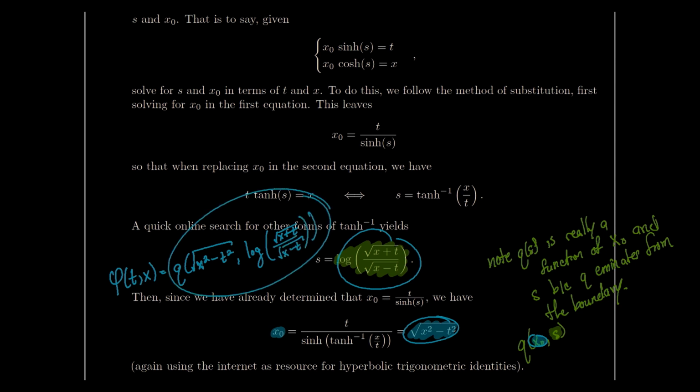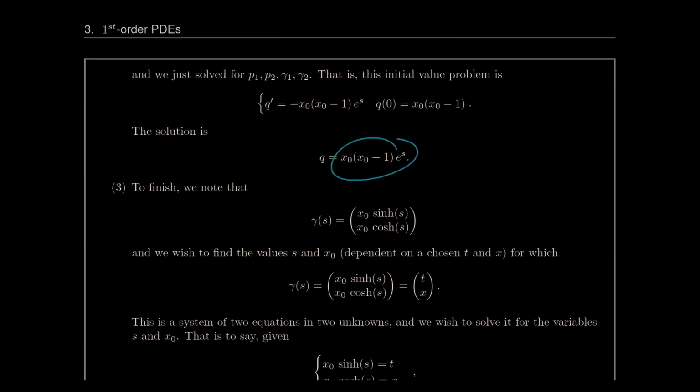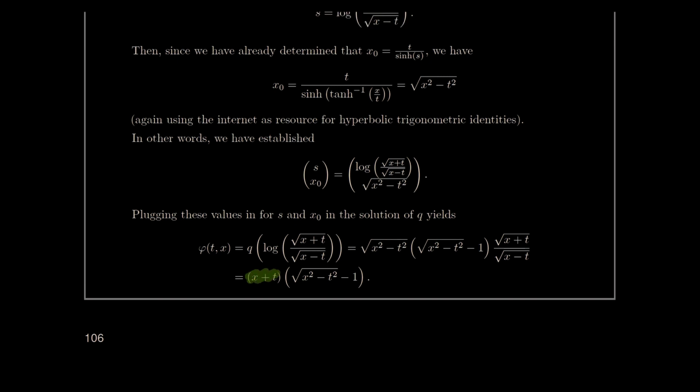So I take those two terms for x naught and s, I find q, which we have right here, and I plug x naught and s into here. And when I plug those in, what I end up with after some simplification is x plus t times root x squared minus t squared minus 1. So now I have a function of only the variables t and x, which was completely constructed out of this system of equations. That is the method of characteristics.